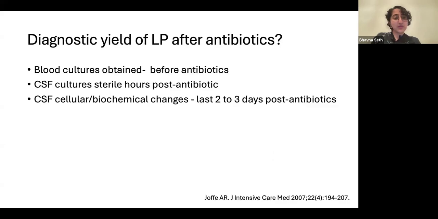So this is also a common question we face. What is the diagnostic change or yield after antibiotics are initiated? Overall, the principle is that you should start antibiotics and not delay antibiotics for the LP. As mentioned, blood cultures obtained before the LP can be very diagnostically helpful, but also it takes a few hours for the antibiotics to go into the CSF, so if you're able to do it within that time frame, you may still get a good yield.